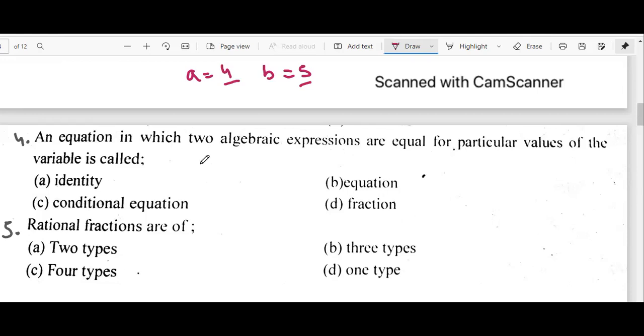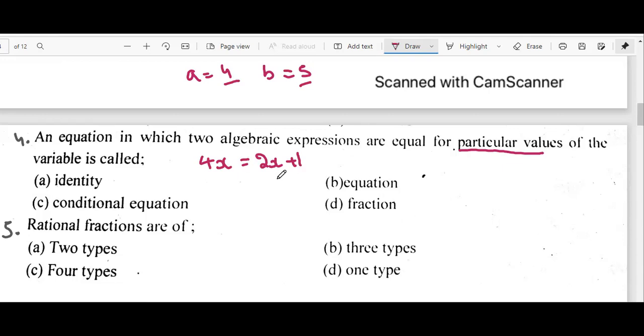For example, if we have 4x = 2x + 1. Now here we have two algebraic expressions which are equal for particular values of x. They are equal only for some specific values which we can find by making x the subject and then finding the value the way we solve equations.